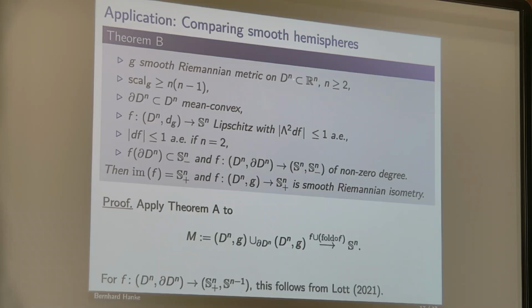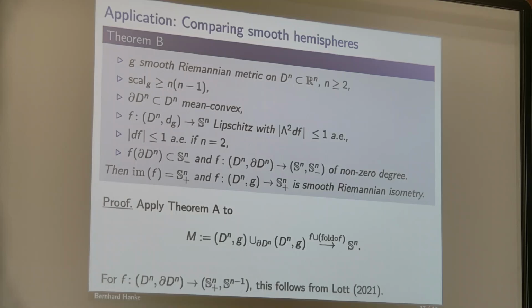Namely, take the unit ball in R^n and take any smooth Riemannian metric on this ball, which is of scalar curvature bounded below by n times (n minus 1). And we, in addition, assume that the boundary is mean convex, like the boundary of a round ball.